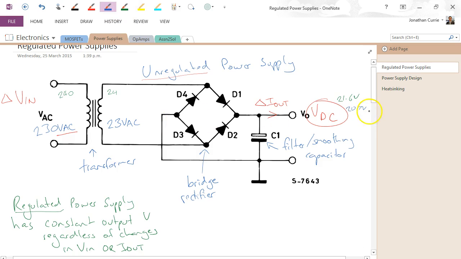So it's very easy to see how a change in the input voltage, even as 10 volts, is going to give us almost a whole volt of change in the output. So we would say that this particular circuit has poor line regulation.